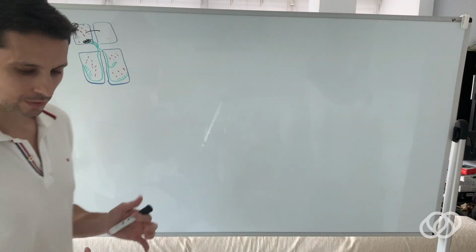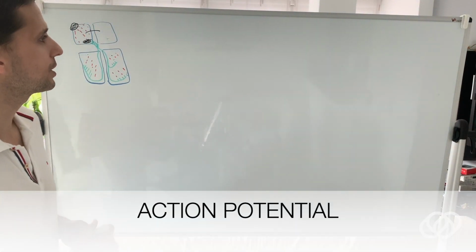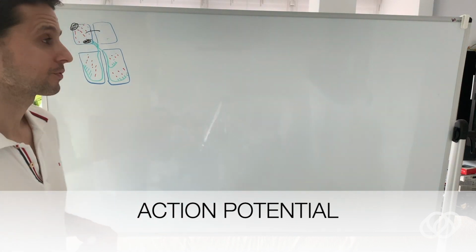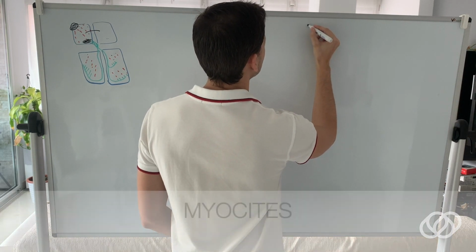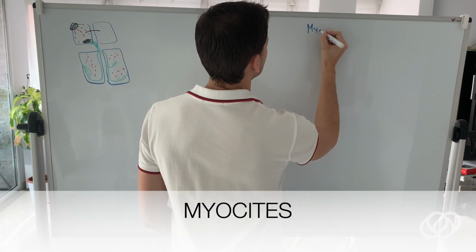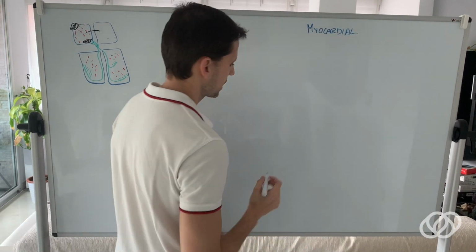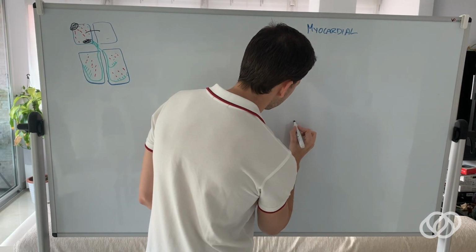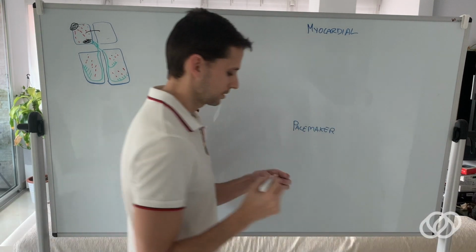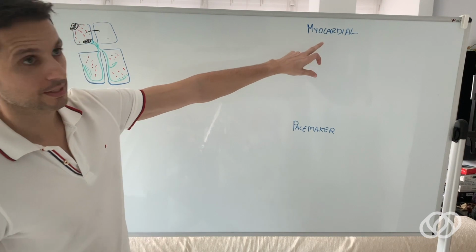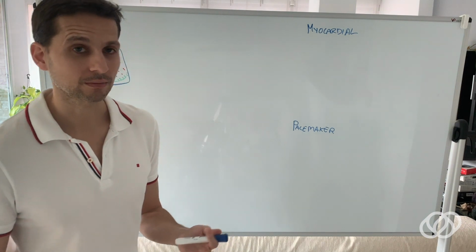So now what we are going to represent is the action potential of the heart. We know that there are mainly 2 types of cells in the heart. One is the myocytes, the myocardial cells, and the other ones are called the pacemaker cells. There is a difference between them because the myocardial cells are not able to initiate the action potential by themselves.